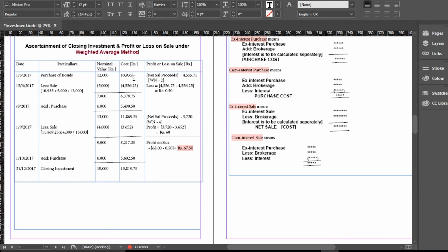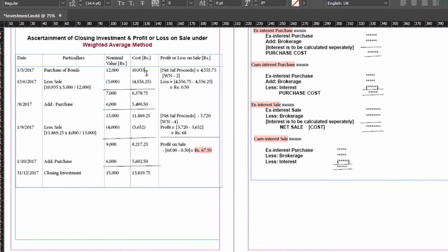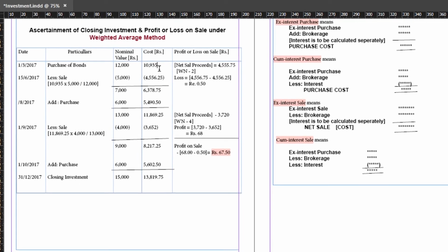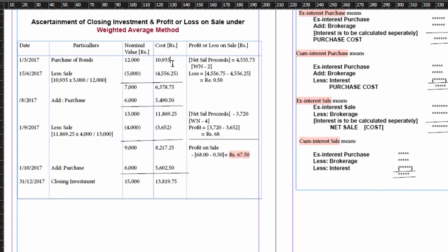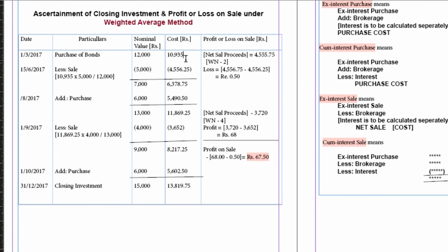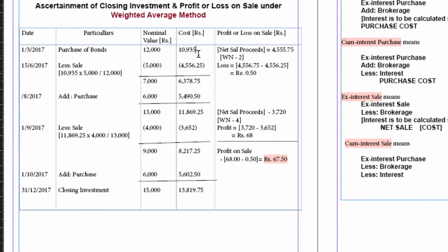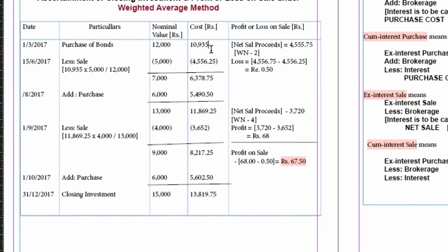Now, we calculated up to 1/9/2017. There is no other transaction in case of sale. Therefore, we can go ahead.